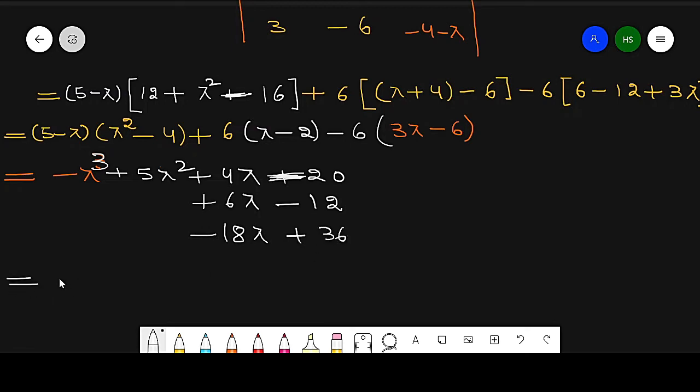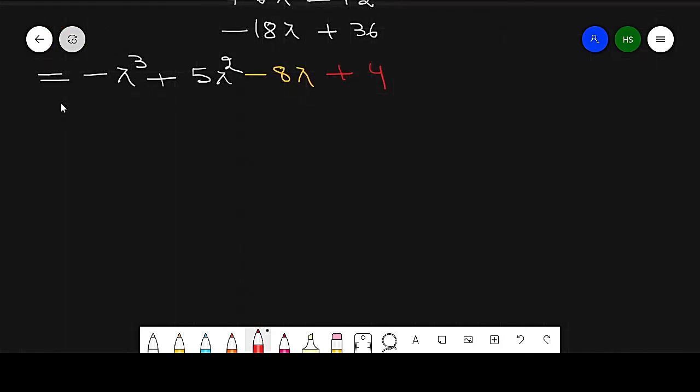So this becomes minus lambda cube plus 5 lambda square minus 8 lambda plus 4.